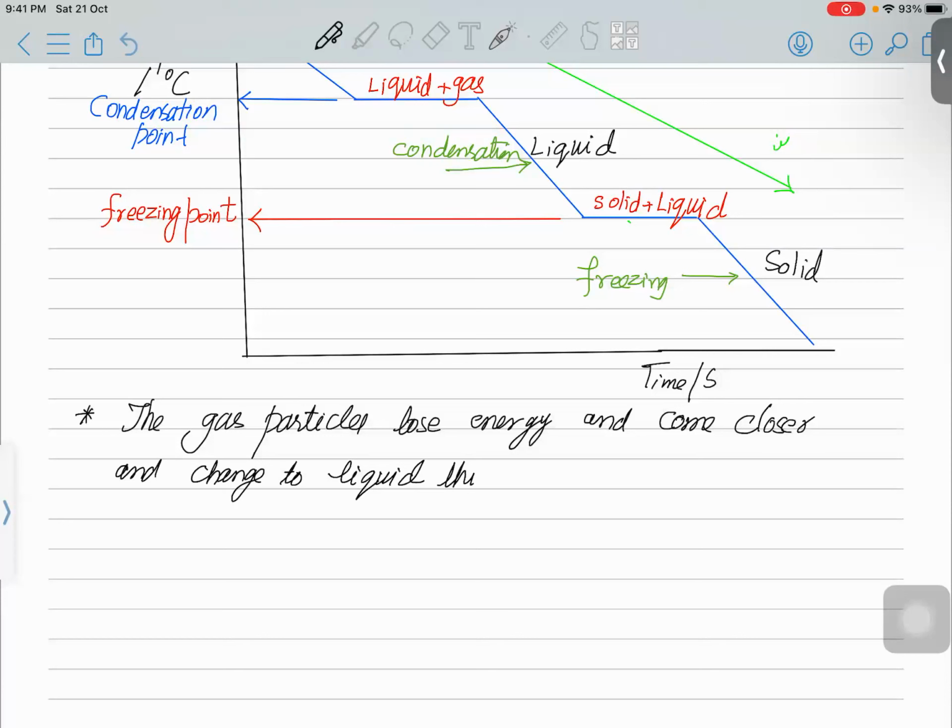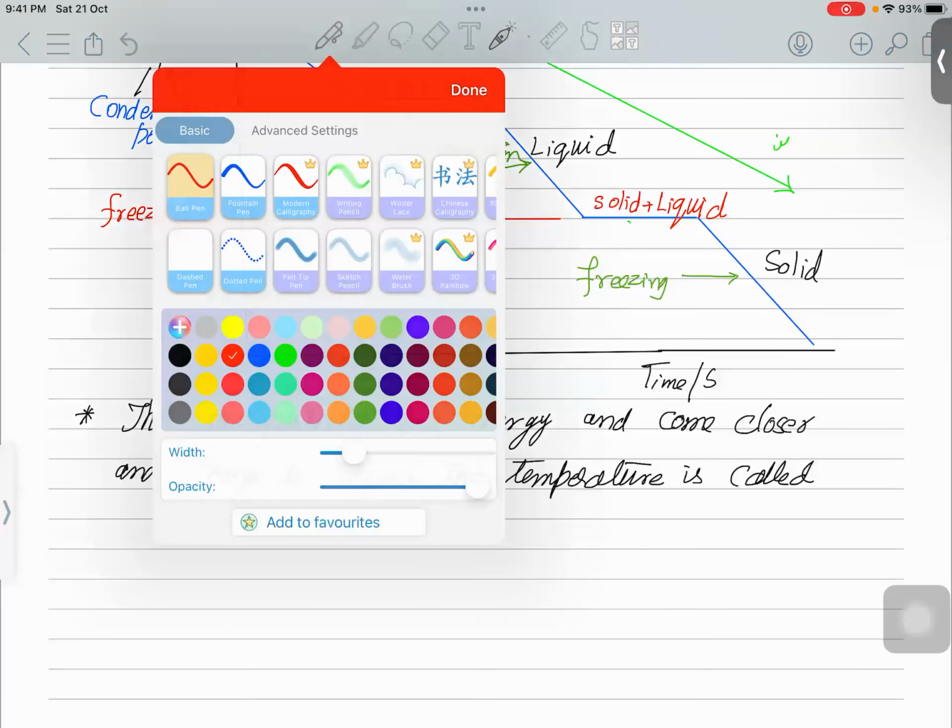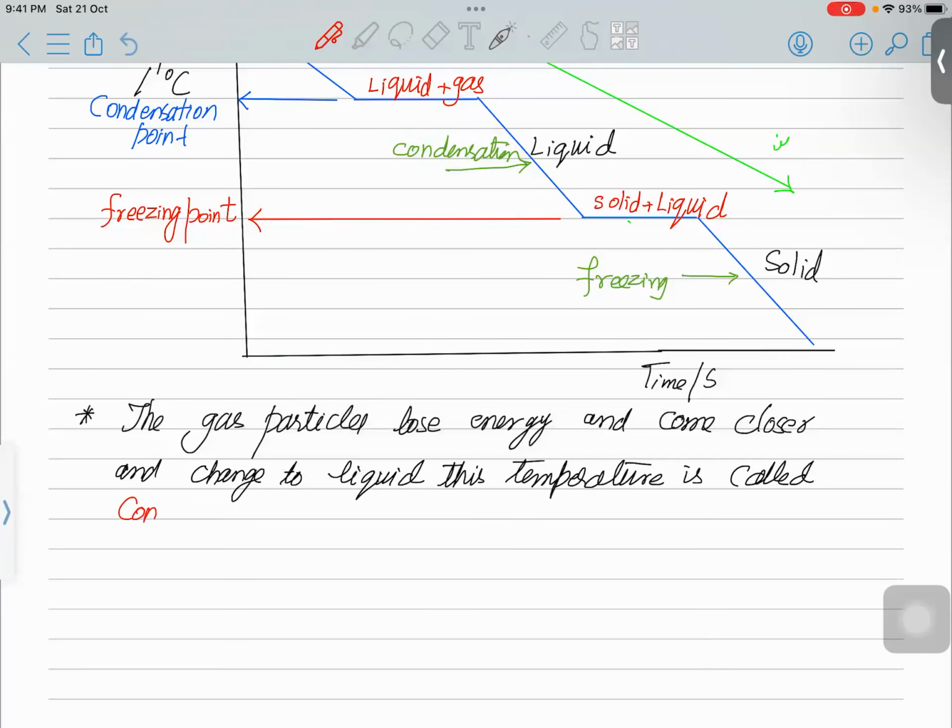This temperature is called condensation point. Very good.